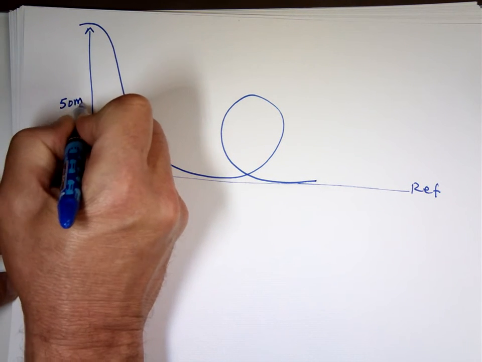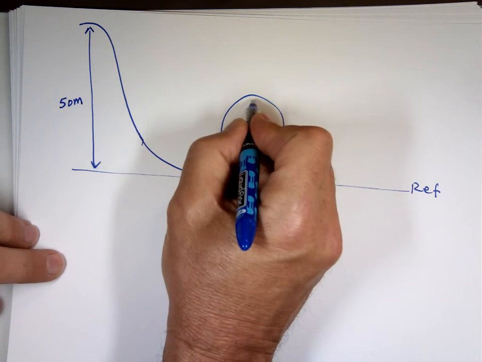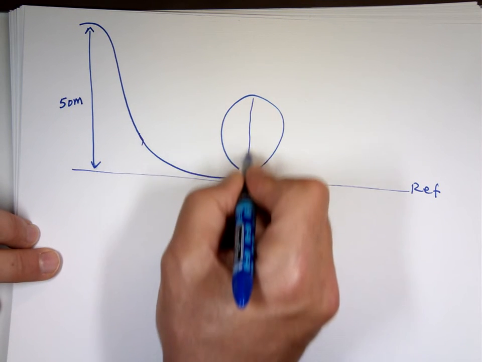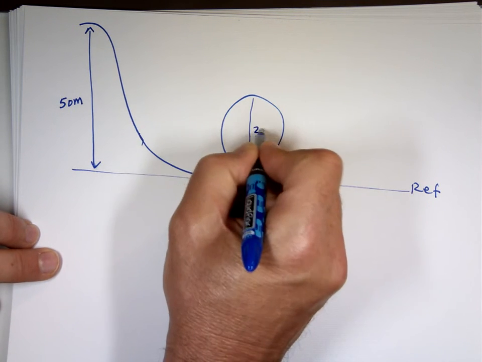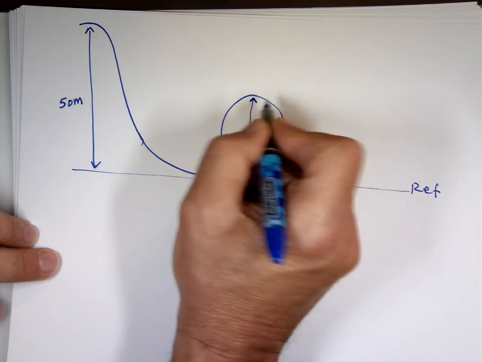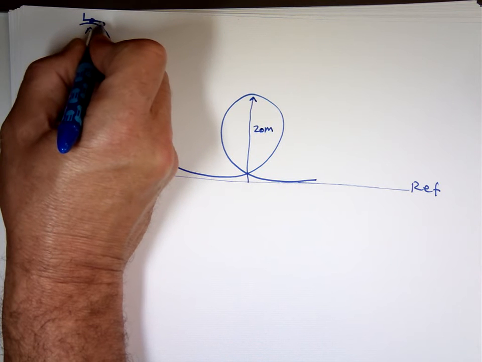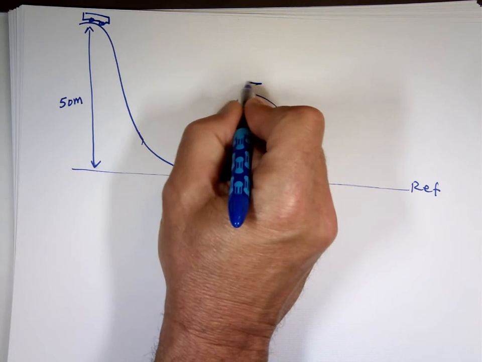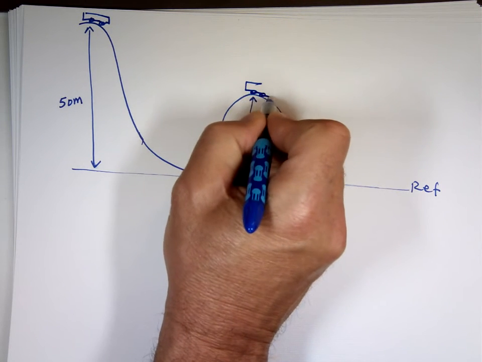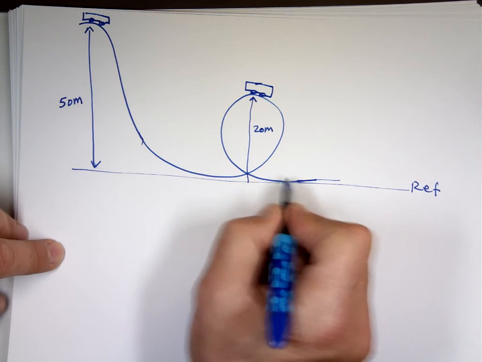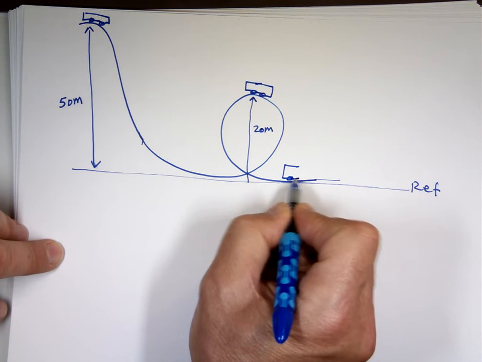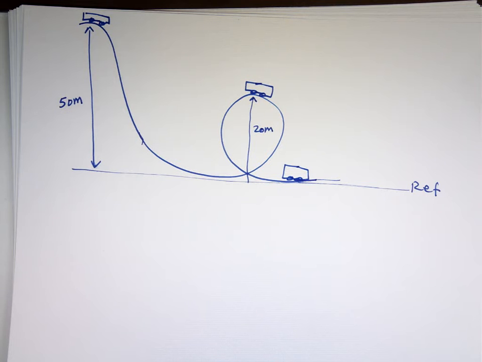And let's say this is here, 20 meters high. I can tell you how fast you are moving here and how fast you are moving down here. I can tell you your speed.